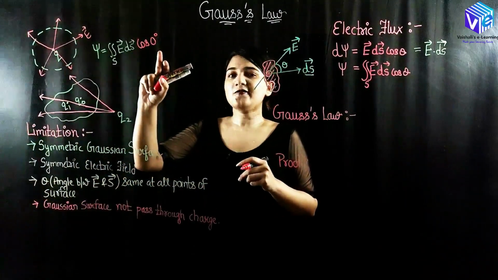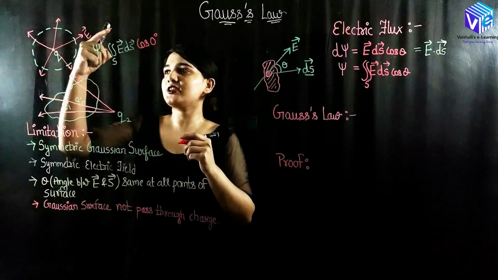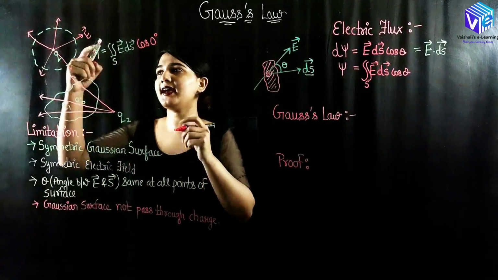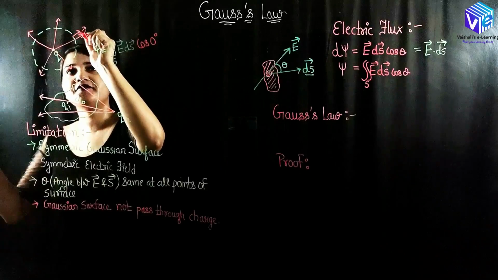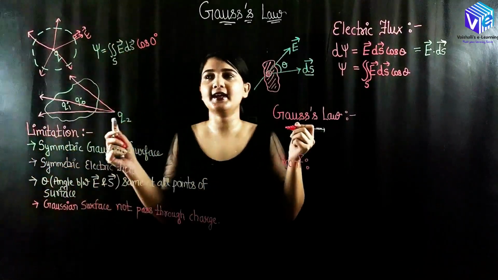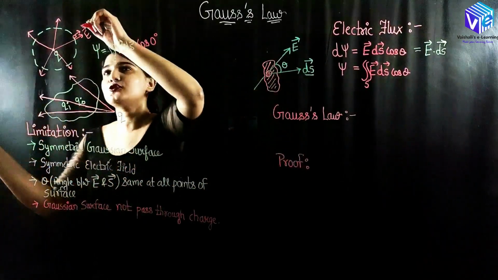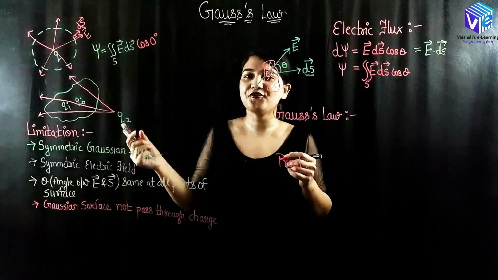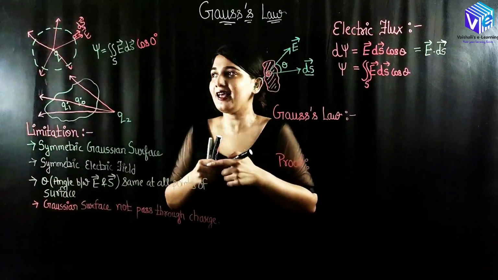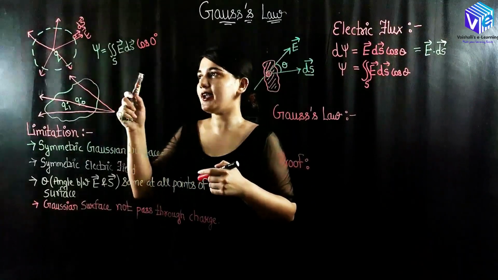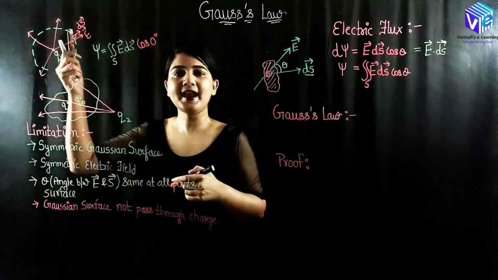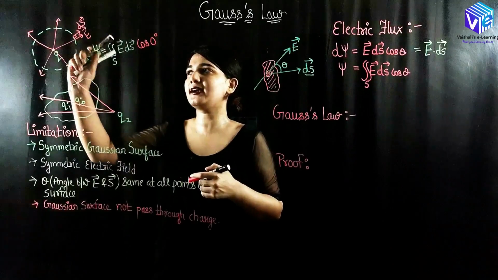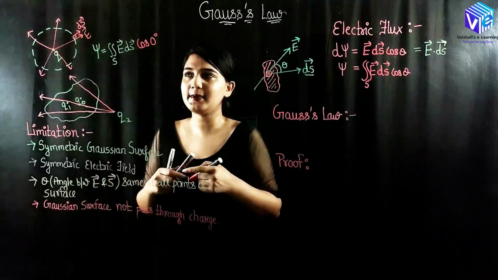We have cos of 0 because the electric field is in the 90 degree direction from the surface, and the surface vector is also in the 90 degree direction. This is my ds vector, this is my E vector. Both of them are at 90 degrees from the surface, so these two are parallel to each other, and when they are parallel they don't have any angle between them.